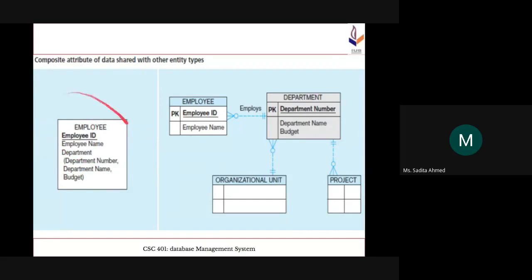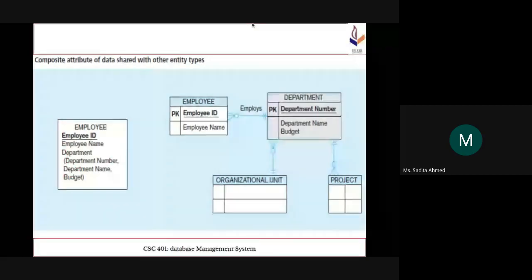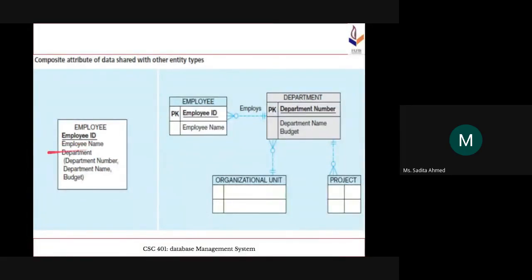Now, moving on. Here, see here, we have a special type of attribute, department. So, Orpita Shaha, can you hear me? Orpita? There? Yes, no? Orpita, can you tell me? Here, department. What type of attribute do we have here in department?